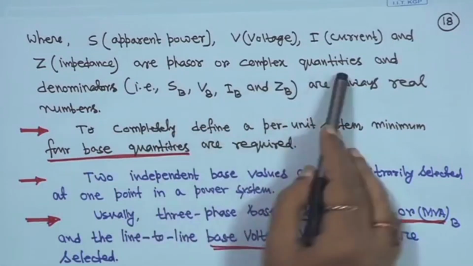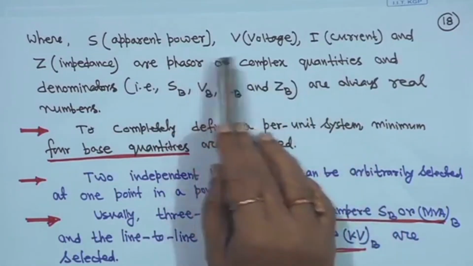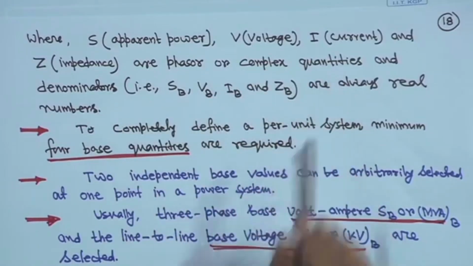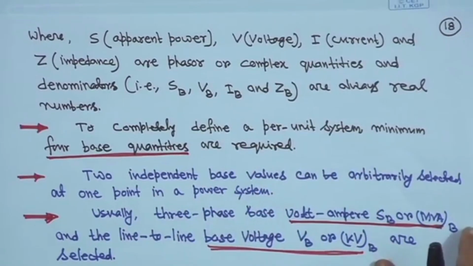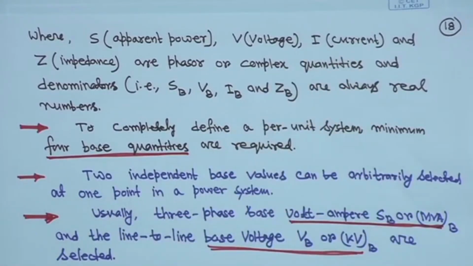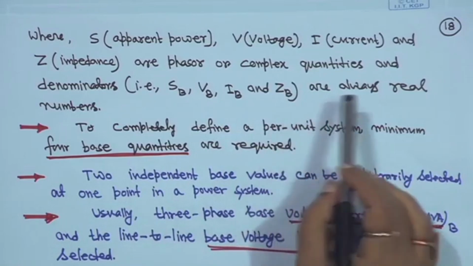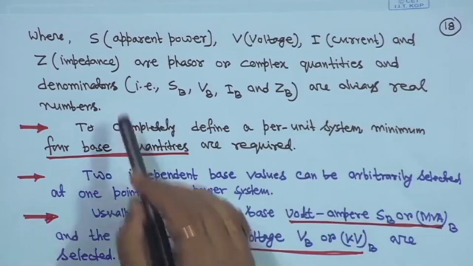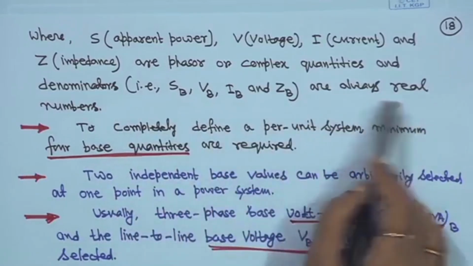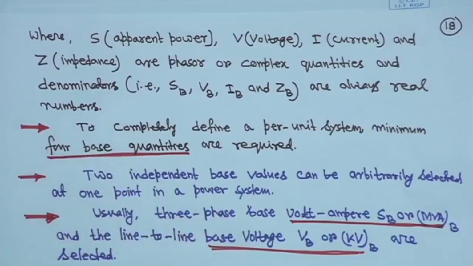Apparent power, voltage, current and impedance are phasor or complex quantities, right. Particularly voltage and current are actually phasor quantities, and that is why written either phasor or complex. And your denominators, for example S_B, V_B, I_B and Z_B, are always real numbers, they are real quantities, right.